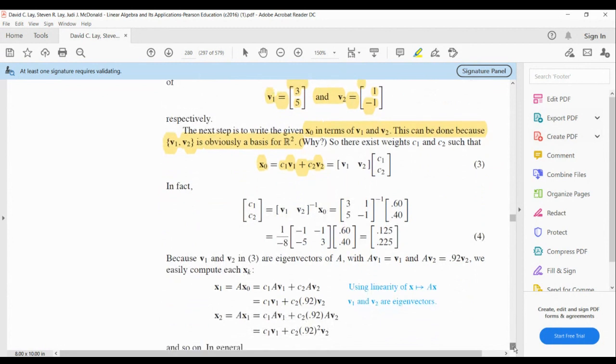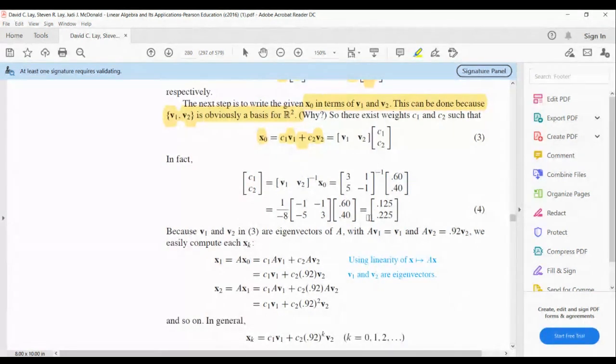You can solve that vector equation, and when they do, they get that C1 equals 0.25 and C2 equals 0.225. Okay, so now you have C1 and C2, but now they make a little comment here. x1 is equal to A times x sub 0.